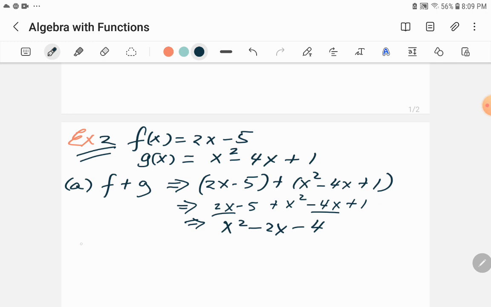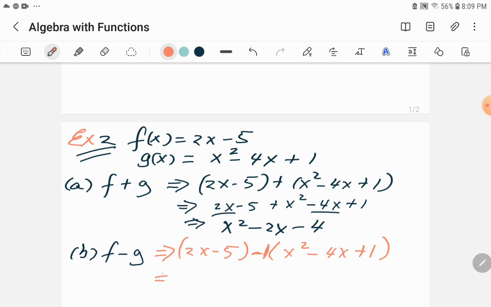Okay, and then similarly, we could do f minus g. Let me put that in a different color. And that would give us 2x minus 5 minus x squared minus 4x plus 1. So this is a minus 1. It has to be distributed to everything that represents the g function.